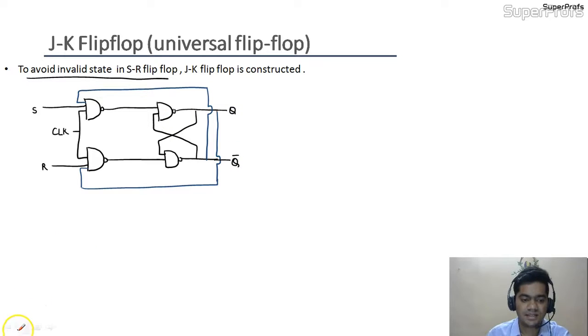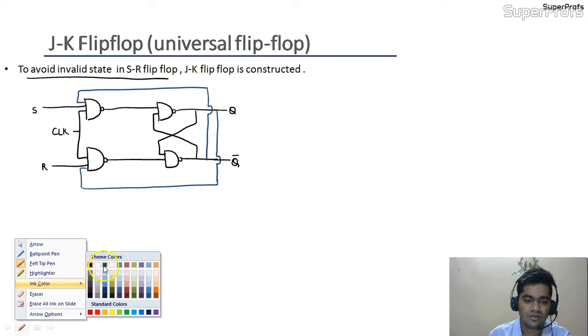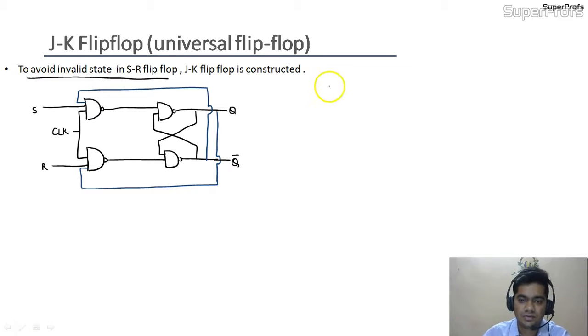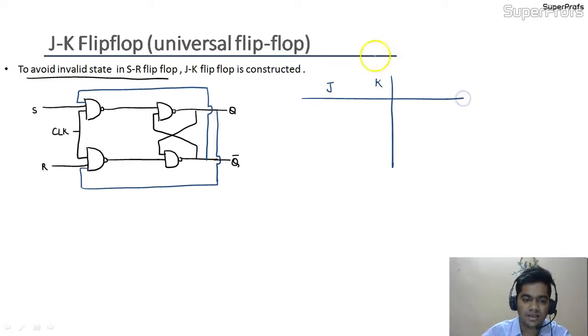So for S equals 1 and R equals 1, what is the change that we are getting in the truth table? Now we are going to see that. Suppose we are taking J and K as our inputs and we are taking output as Q plus. So for 0 0 there would be the same state as memory state, so there is no change from SR flip-flop.